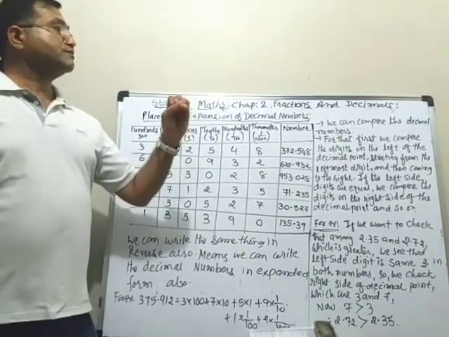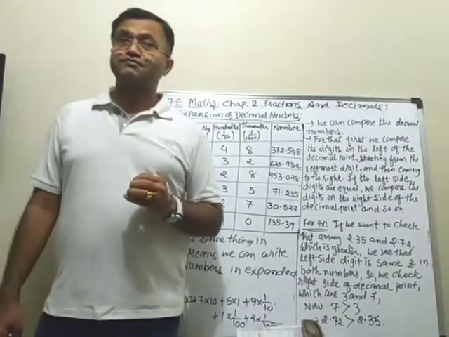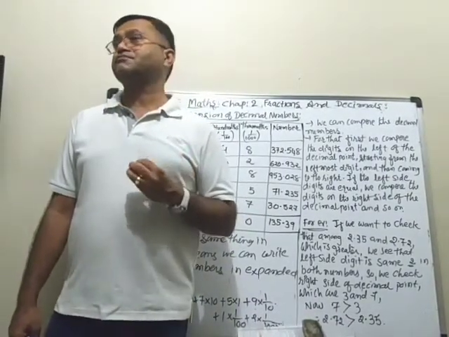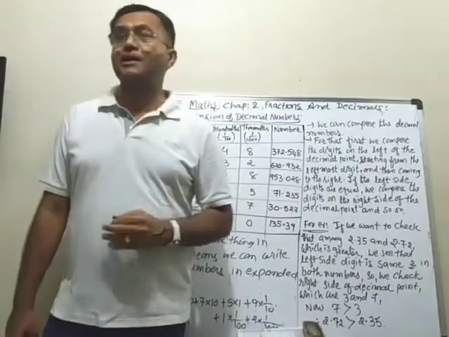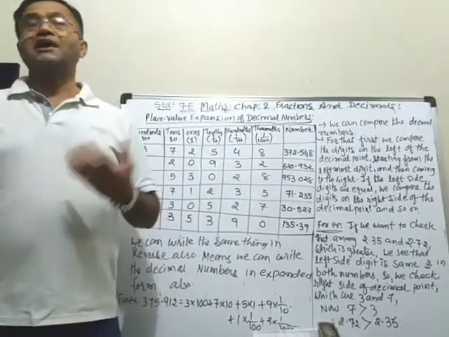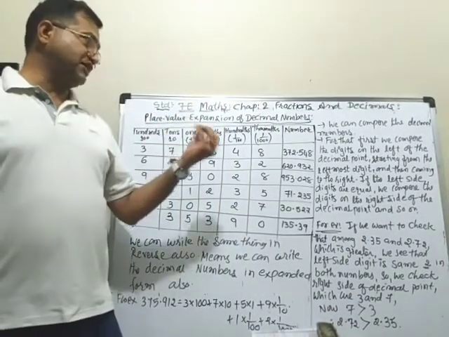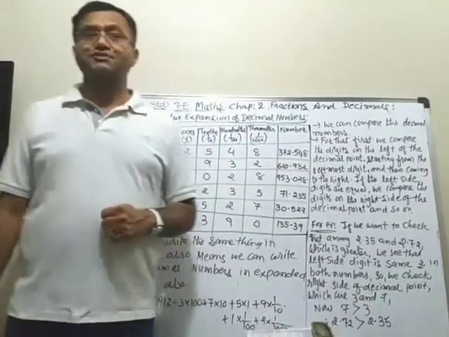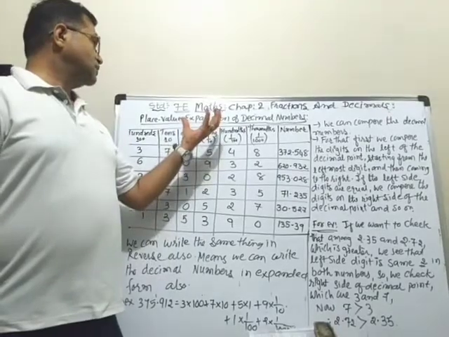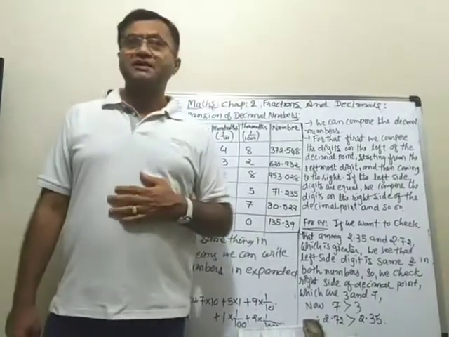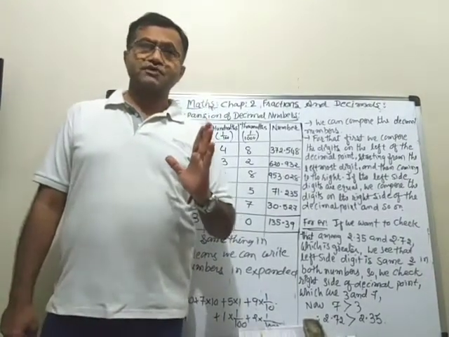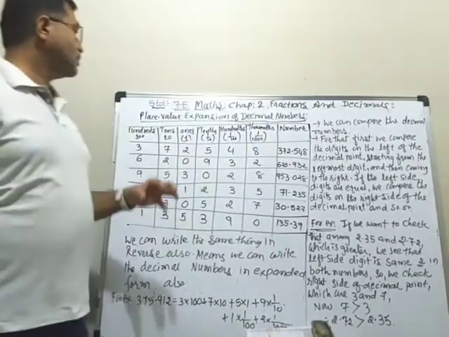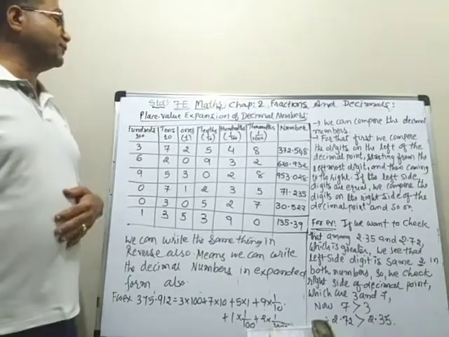So now decimals. We know about the decimal, that when there is decimal point in the number, then those fractions are known as decimal fractions or the decimal numbers. Now, for decimal numbers, we know that the place value chart, place value, how can we put that?